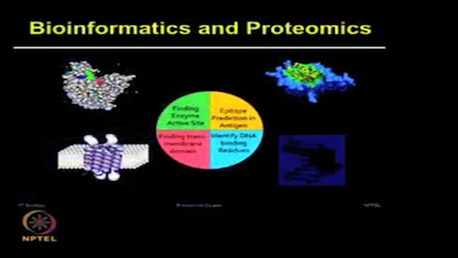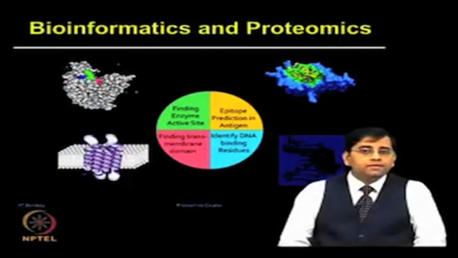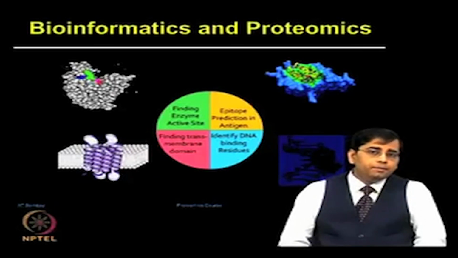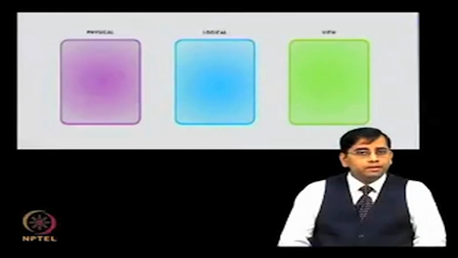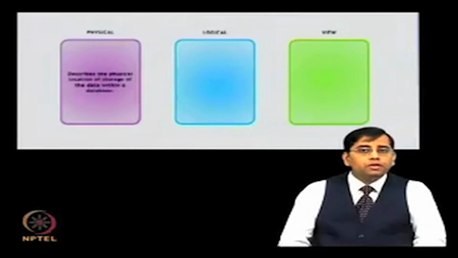Bioinformatic tools have been widely used for protein sequence analysis. They are also used for protein motif detection and epitope prediction, active site determination, determining transmembrane domains, as well as identification of DNA binding residues. Database designing is done at various levels such as physical, logical and conceptual.